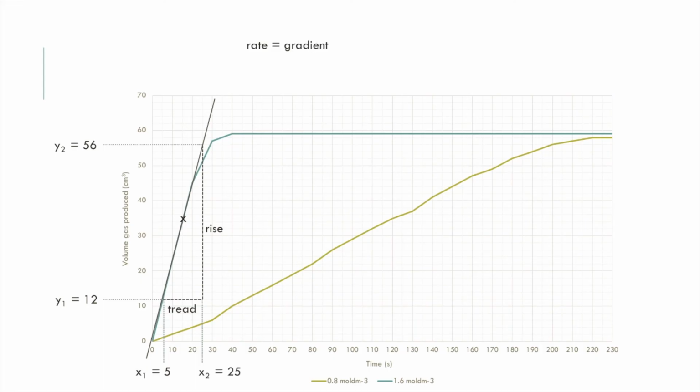The rate at this specific time is equal to the gradient of the tangent, which is rise over tread. This is calculated by y2 minus y1 over x2 minus x1. Plug the numbers in and we get 56 minus 12 divided by 25 minus 5, which ends up being 44 divided by 20, which equals 2.2 centimetres cubed per second.